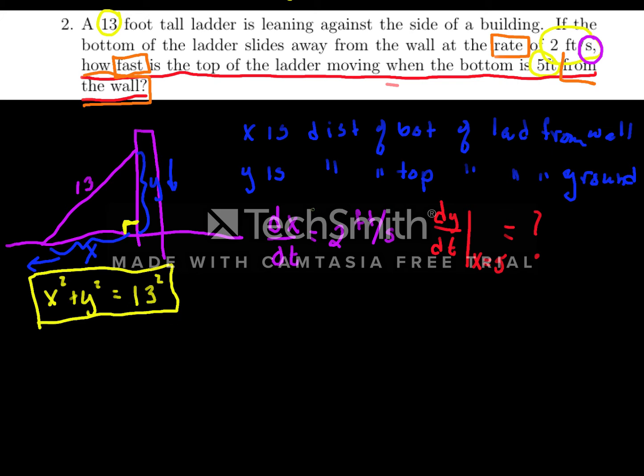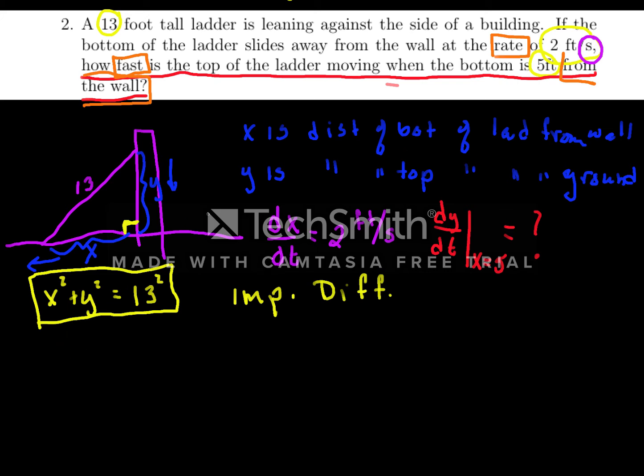And now I need to determine my approach, and I'm going to use implicit differentiation. That's my approach. Again, why do I choose that? One, I'm telling you that implicit differentiation is the main tool to solve related rate problems. So I've got that x squared plus y squared equals 13 squared.